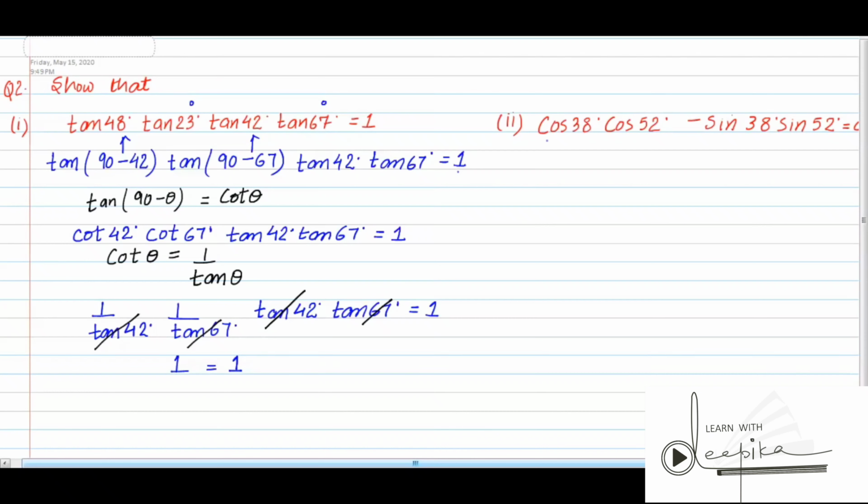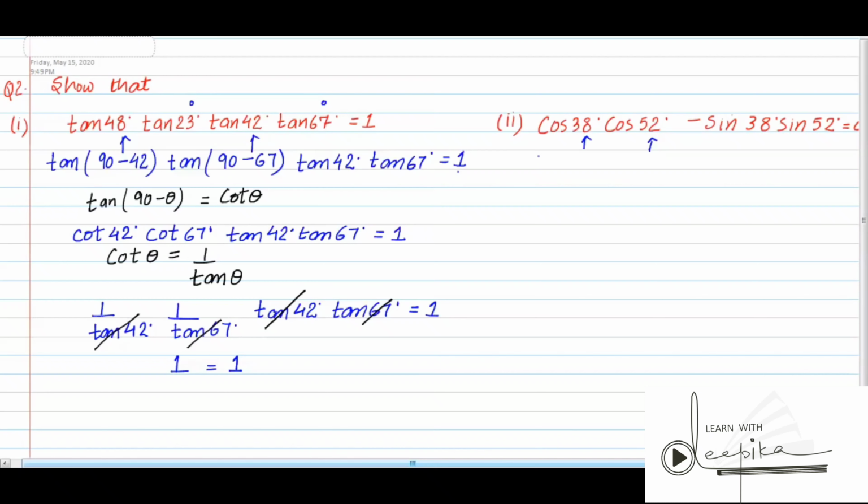Now second question, second part, cos 38 degree cos 52 degree minus sin 38 degree sin 52 degree is equal to 0. You can see 38 degree and 52 degree are complementary angles, and I'll convert this cos in the form of sine.